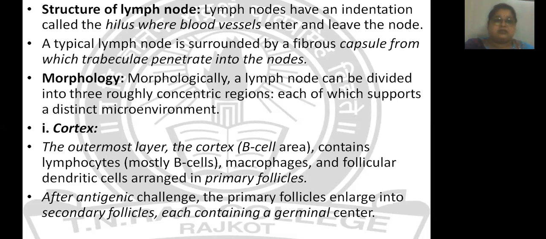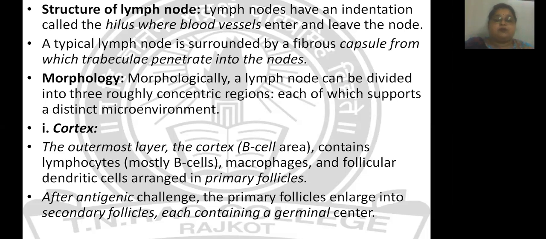In the starting phase of this process, the follicles are comparatively small and dominated by macrophages and follicular dendritic cells. After antigenic challenge, that means when antigen enters the lymph node, these dendritic cells and macrophages engulf it and present it to the immature B cell.